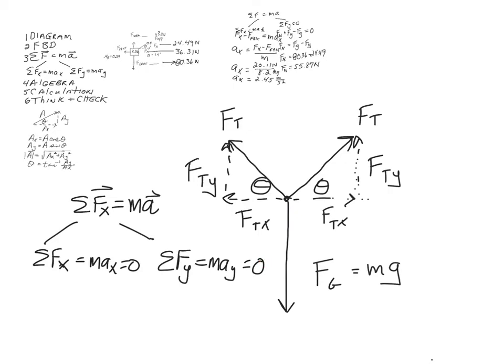And so with that in mind, we look at this and we know that the tension force, I'm just writing it Ft instead of Ftens, and Fg instead of Fgrav, that's mg. What we know is that in the x direction, the only two forces are the x components of the cables. So they have to be equal and opposite.